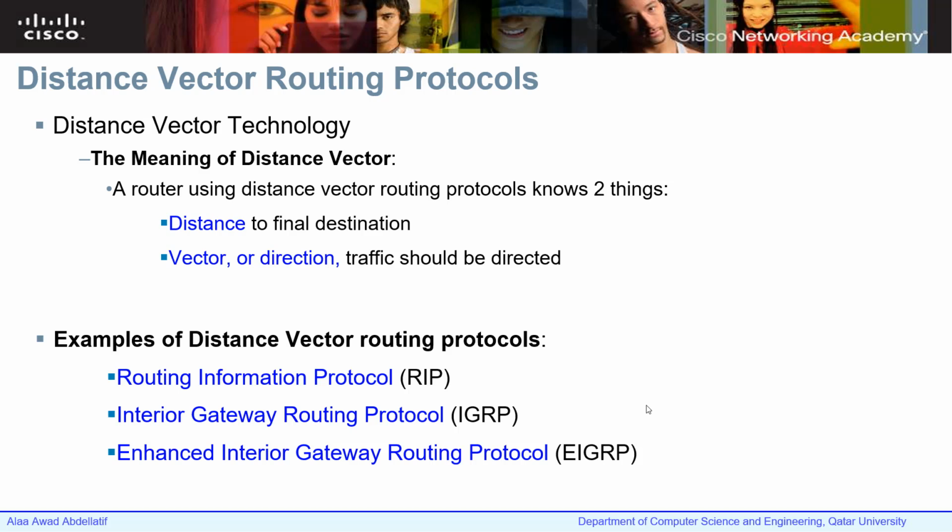Then we will specify specific characteristics for each of these routing protocols. So at the beginning, all our discussion will be general for all distance vector routing protocols. Then we will discuss specific characteristics that differentiate between different routing protocols, for example, between RIP, IGRP and EIGRP.